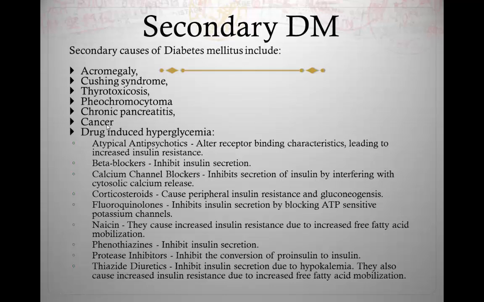In addition to that, there are many medications that could increase glucose levels or affect the insulin production or resistance, and that includes the antipsychotics, beta blockers, calcium channel blockers, of course, corticosteroids, fluoroquinolones, niacin, phenothiazine, and protease inhibitors and thiazide diuretics. This is a very common question in pharmacology. Thiazide diuretics produce hyperlipidemia and produce hyperglycemia and produce hyperuricemia.